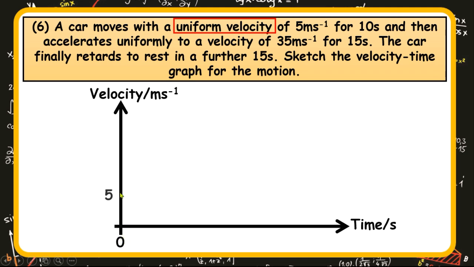We're starting from somewhere here, 5. And the graph interpretation here is constant or uniform maintained velocity. And that goes like this. It ends here, corresponding to a time of 10 seconds. It comes down, and that is 10 seconds.